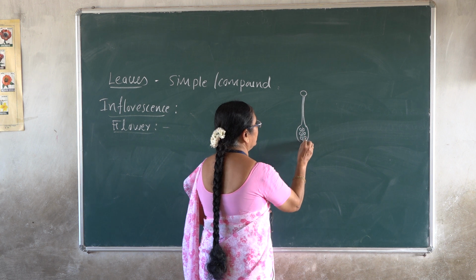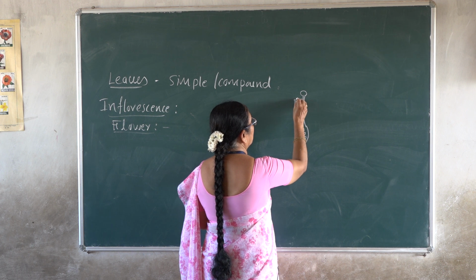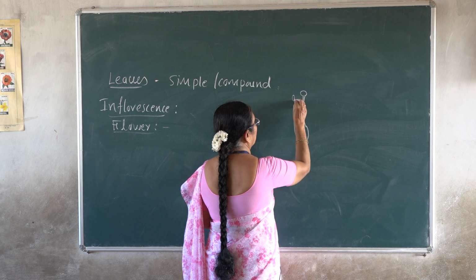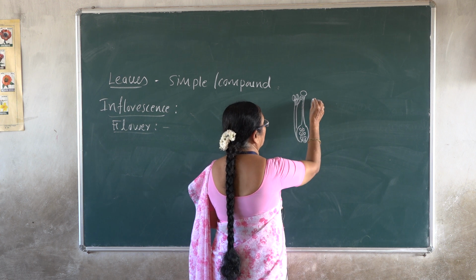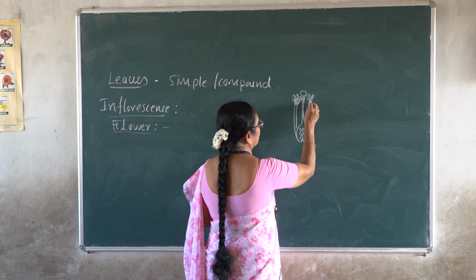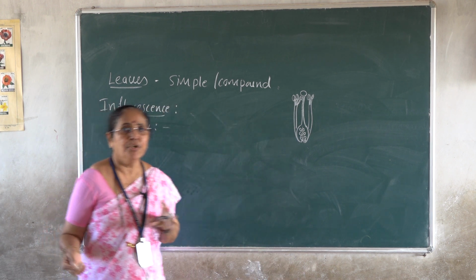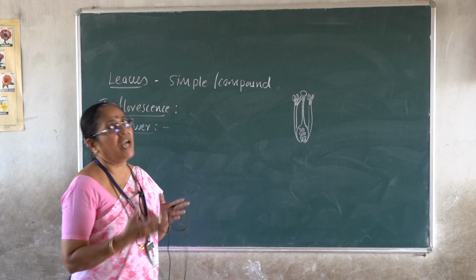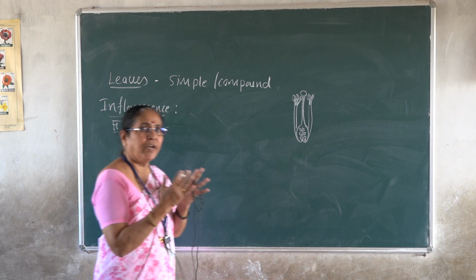This is an LS, exactly similar to the stamens, and when you draw a LS of the flower, even when you draw the diagrams over your journal, when you draw the LS of the flower, you have to start with the ovary first. So that you can elaborate all the parts very freely and you can draw a nice diagram.